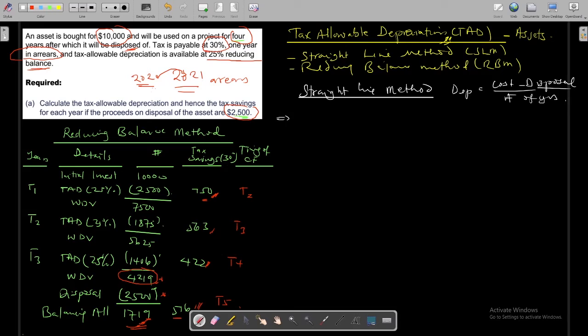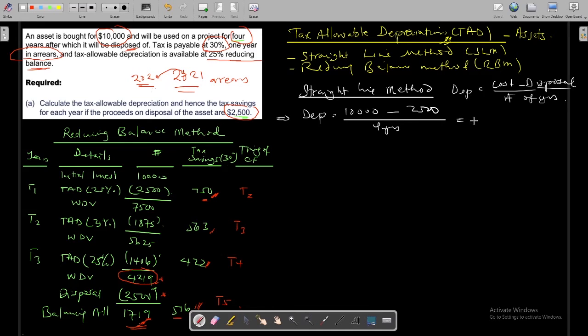So in this instance, the depreciation equals 10,000 minus the saleable value, which is 2,500, all divided by the useful economic years of the asset, which is 4 years.